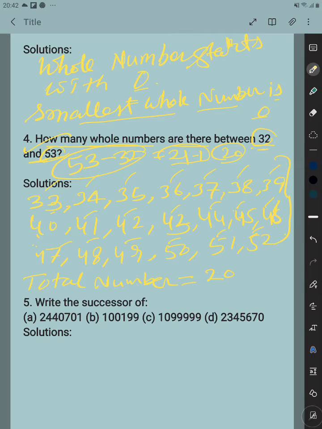We need to put this minus 1 because 53 is not included in this list. So we need to subtract one more from the result that we got from subtracting. This is the shortest method. In the beginning you should follow this method only, as you have sufficient time.